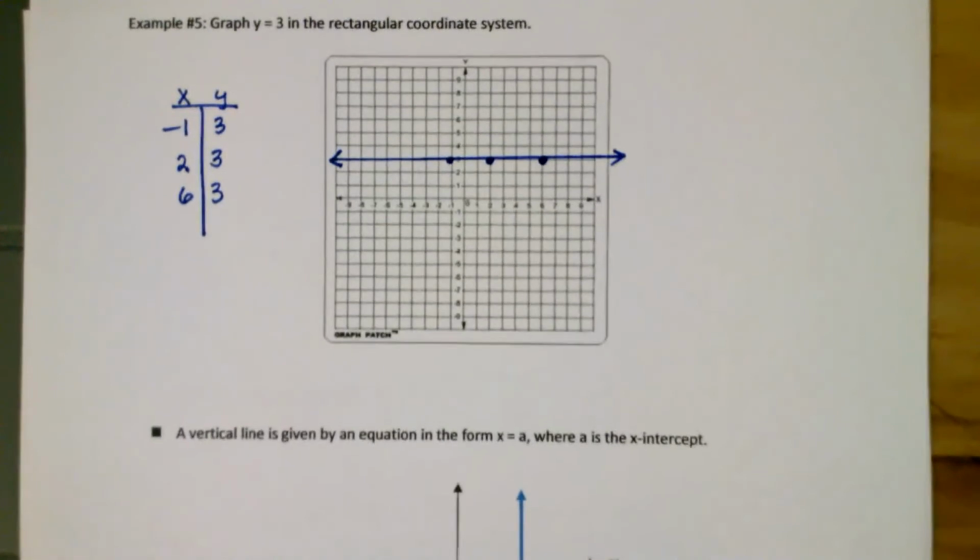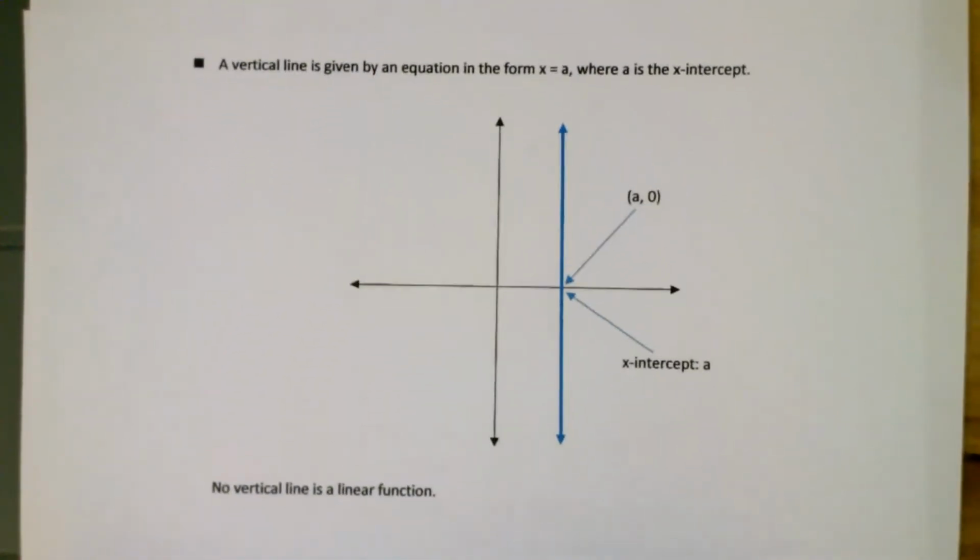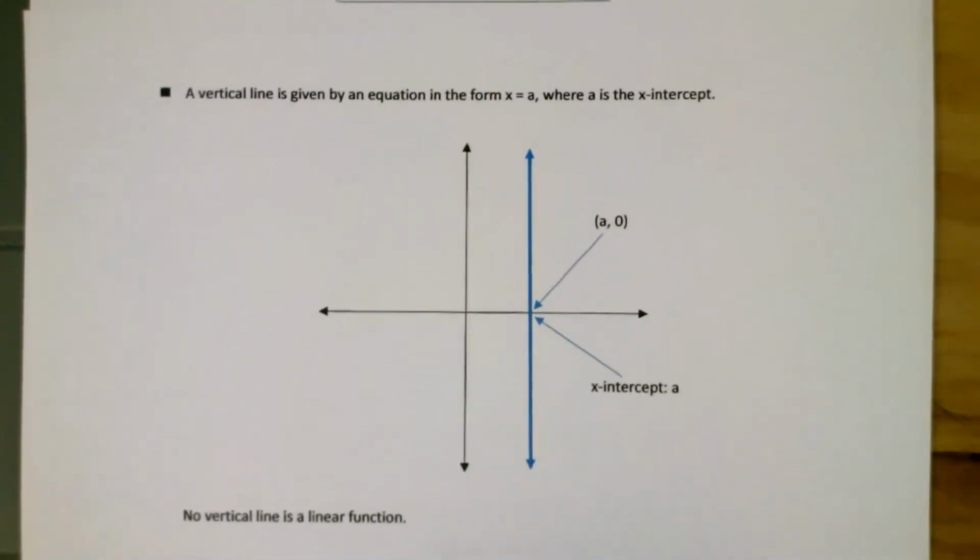Okay, now we'll look at what a vertical line is. A vertical line is given by an equation in the form of x is equal to a, where a is equal to the x-intercept.